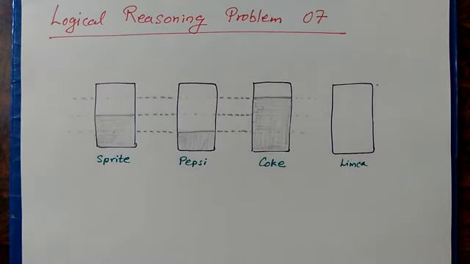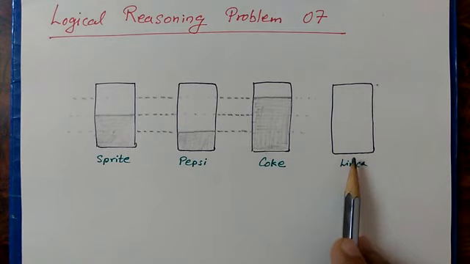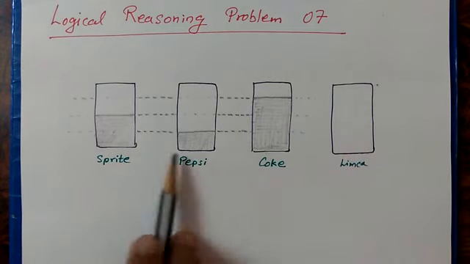Okay, our fifth condition is bottle R contains more amount than bottle P, and this cannot be bottle R, because according to the condition number 3, this cannot be bottle R. So bottle R has to be one of these.